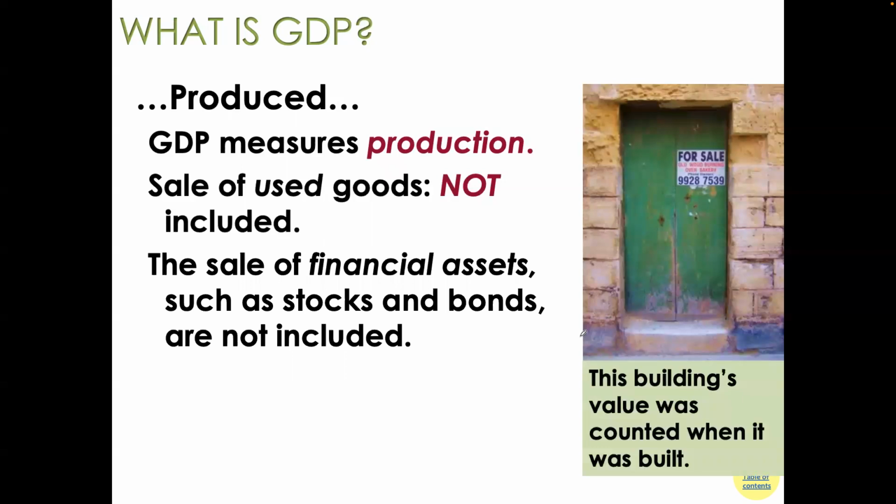Because the used goods, yes, it was produced, but it's not produced in the year or in the quarter we are considering. Financial assets just tell you the ownership of certain things, right? But again, those things are not produced in the current period. So that's why used goods and financial assets are not included.